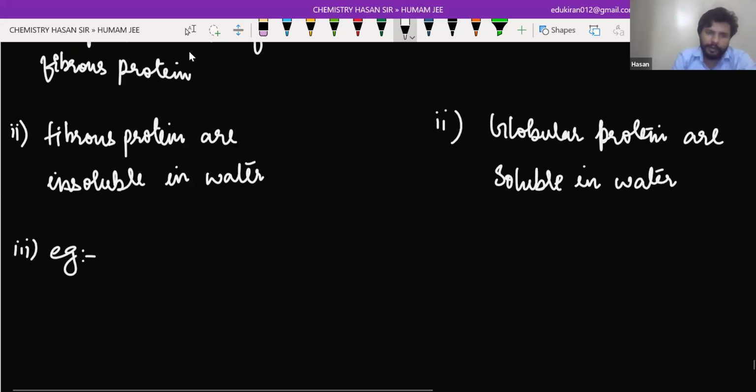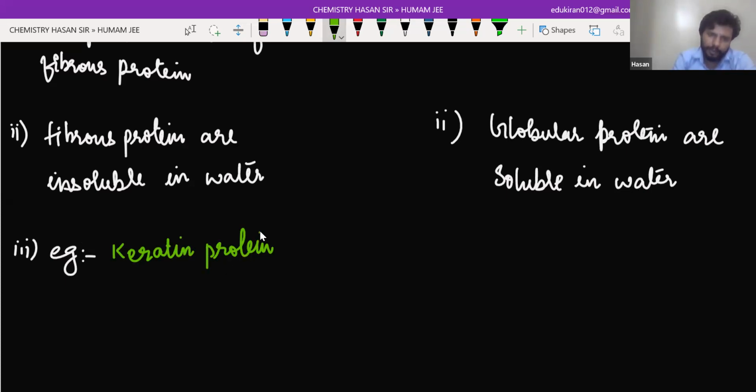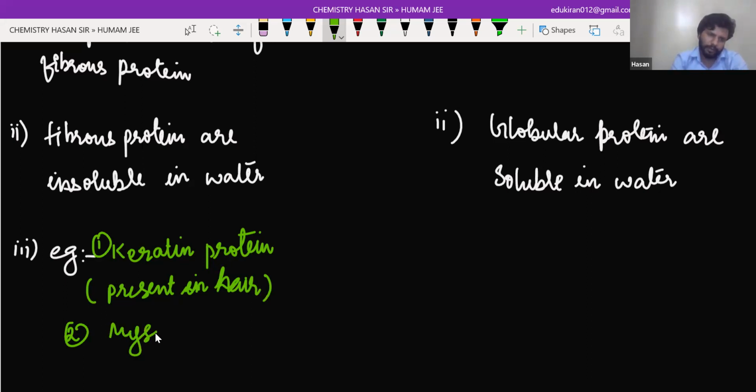Example, we can write keratin protein, and keratin is present in hair. The second example we can write is myosin protein, MYO, present in muscle.